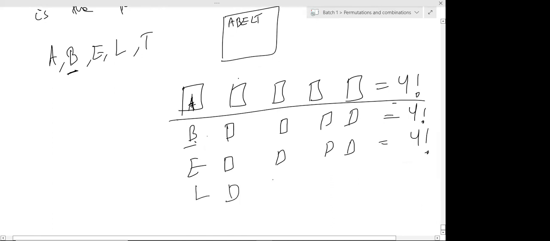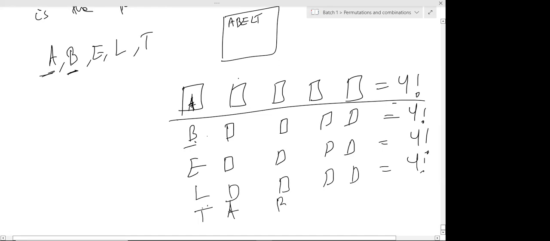L, again 4 factorial words. Now comes T, right? We need the word that starts with T. As soon as T comes, what will be the first letter after T? A, because in the dictionary. Absolutely right.